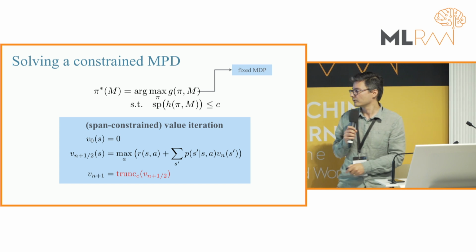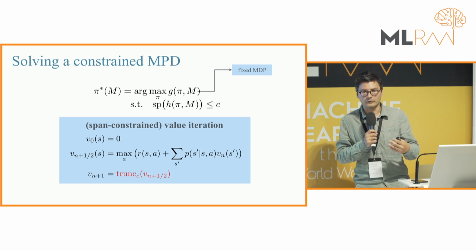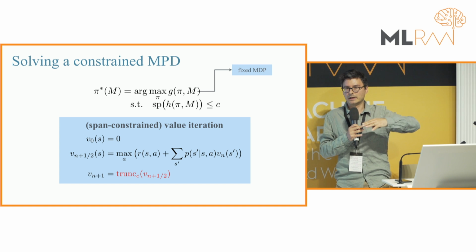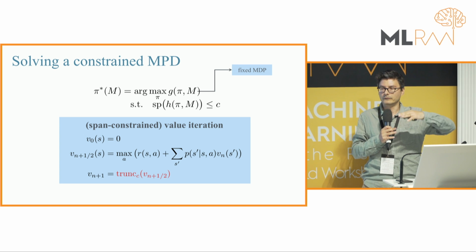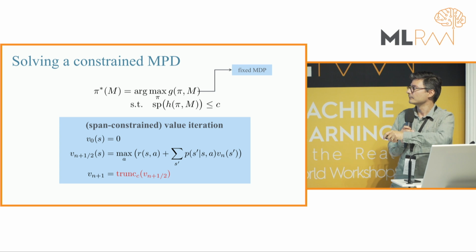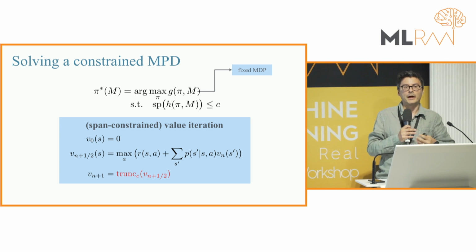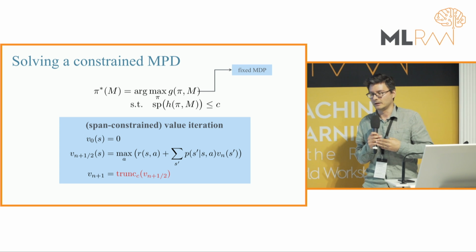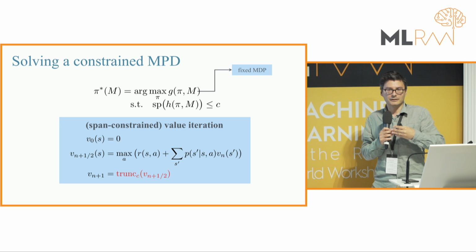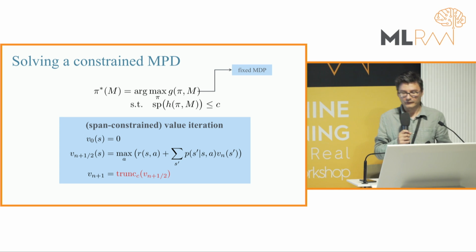So at each iteration, I truncate the candidate next function by clipping its range. I keep the function equal for all the states, except for those that violate the constraint. So I take a constrained optimization problem, I know that the unconstrained one can be solved in an incremental way, and I just do an incremental constrained algorithm. It sounds like a very simple idea.